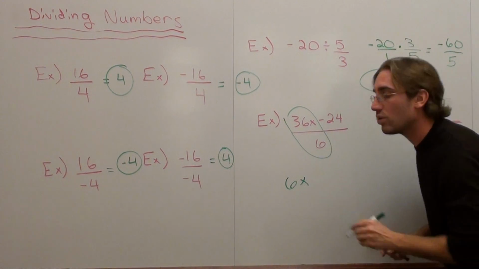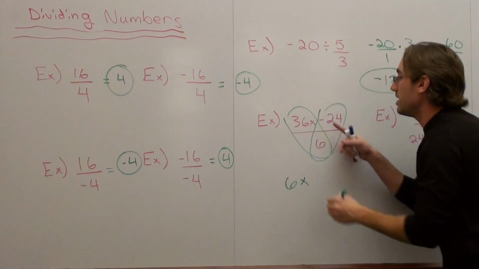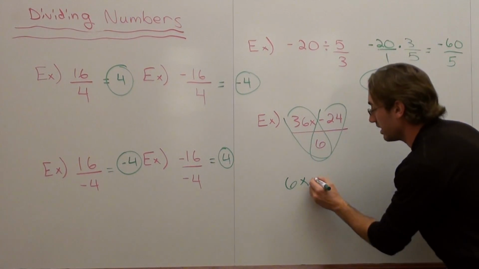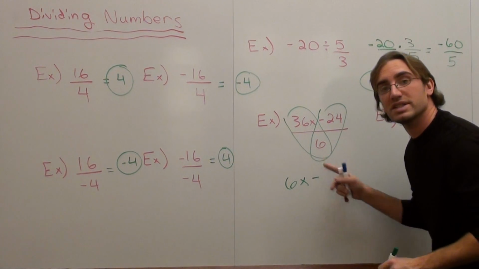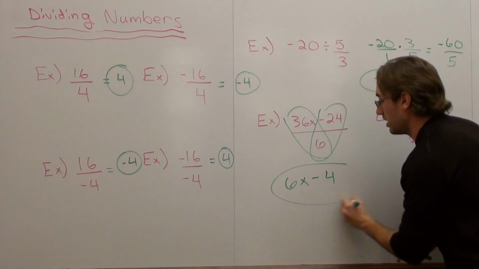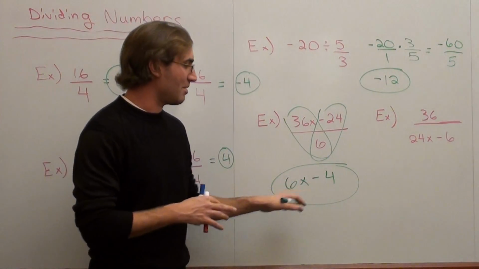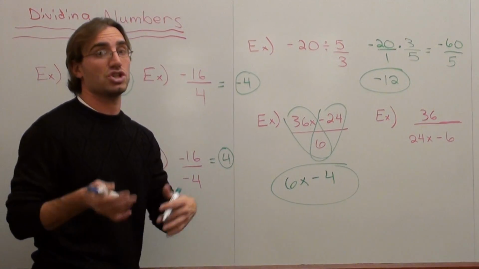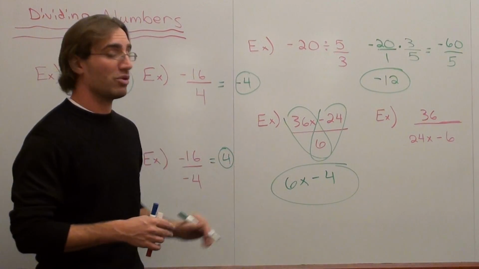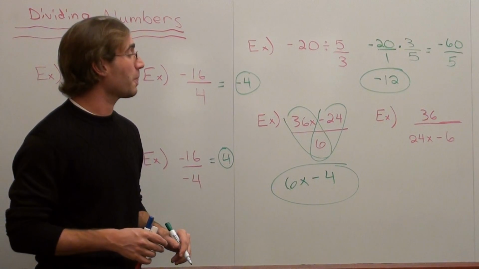Now it's negative 24's turn. Negative divided by positive is negative. 24 divided by 6 is 4. I'm just giving you a specific type of expression. We will go over expressions and what they are, but I just thought that would be a really cool division problem to go over.